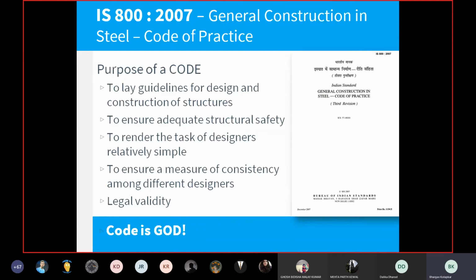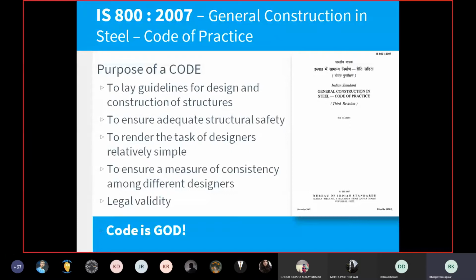So just like there are various guidelines for various subjects, in structural engineering we have different codes. There's a code for structural steel, a code for reinforced concrete, for earthquake resistance of structures, for bridges, and so on.